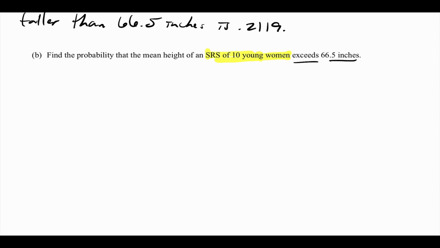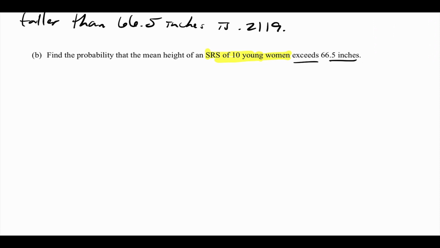So they had a big hat with the names of every young woman. Instead of just picking one, they're picking 10 and then finding the average of that. What's the probability that the average of those 10 that I picked is taller than 66.5? That's the difference. We're not talking about 1, we're talking about 10 now.